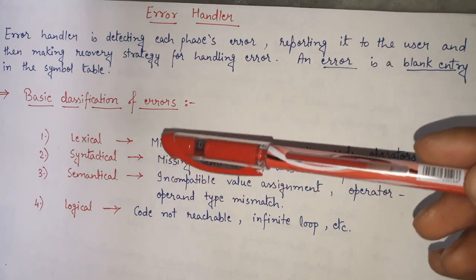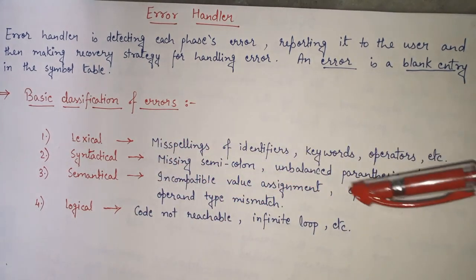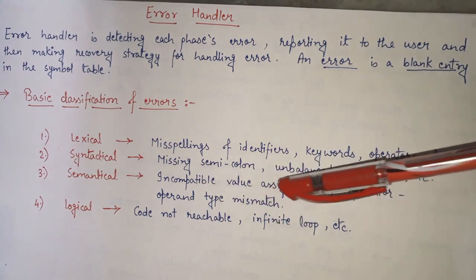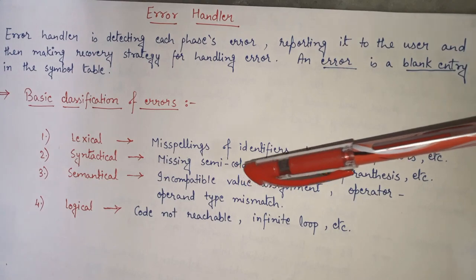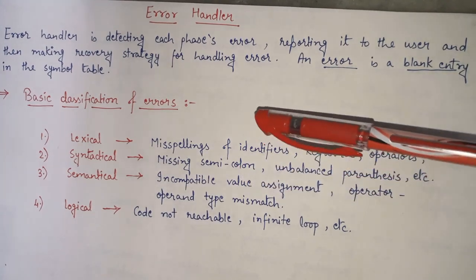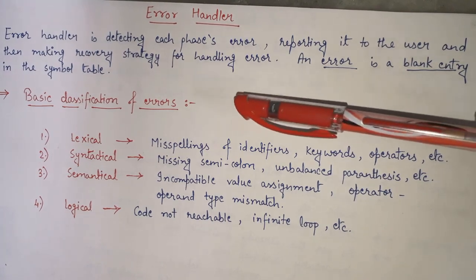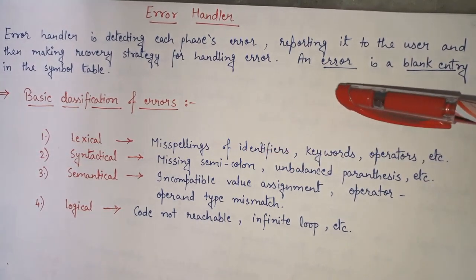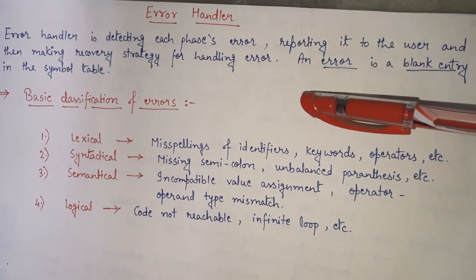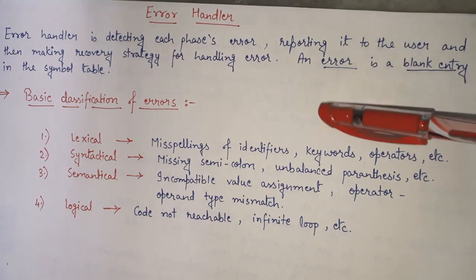Okay. Then we have semantical error: incompatible value assignment, operator operand type mismatch. All these are the classification of semantical error. What do you mean by incompatible value assignment? For example, you have written integer i equal to hello. That means i is an integer, but you are trying to assign hello, a string, to it.